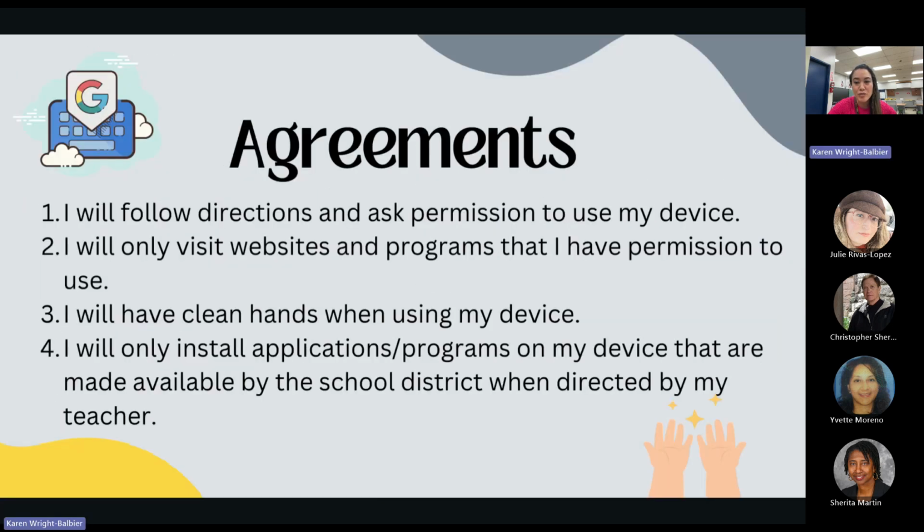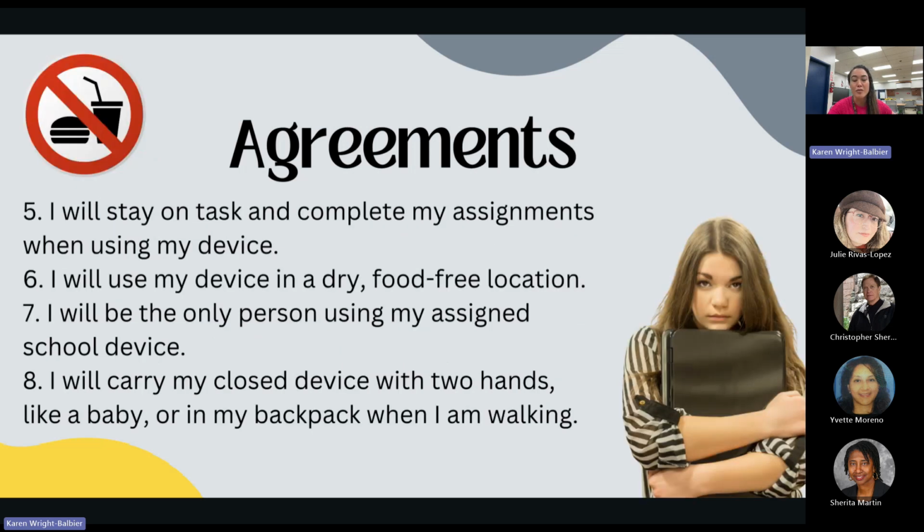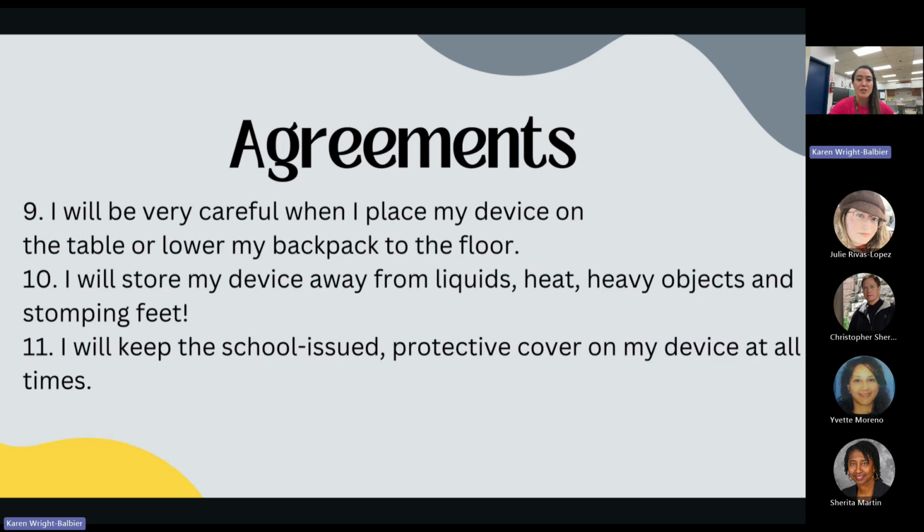Typically when we are a part of co-teaching lessons in the classroom, we feel it's really important that when you're beginning to work with your students that you're talking a little bit about agreements. I've added agreements to this presentation and I will not read them to you all, but there are some of the basic things that we want students to remember when they're using their device, like make sure that they have clean hands, make sure they're talking with you about installing applications, that they stay on task and they're not using food and drinks around their device, those kinds of things.